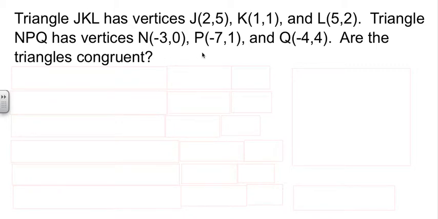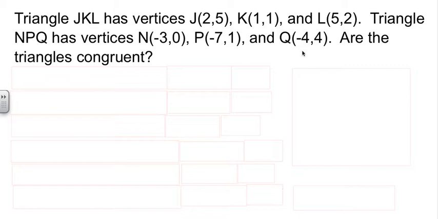So we're going to have some real fun here. They're going to give us a triangle, JKL, that has vertices at these 3 points, (2, 5), (1, 1), and (5, 2). Then there's another triangle, NPQ, with vertices as given. And the question is, do we have congruent triangles?